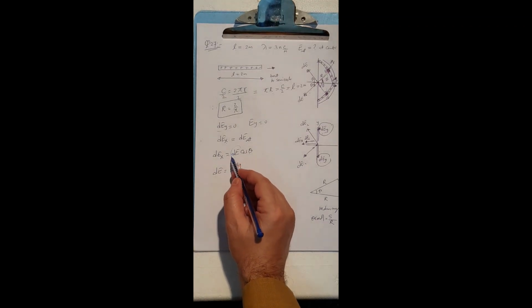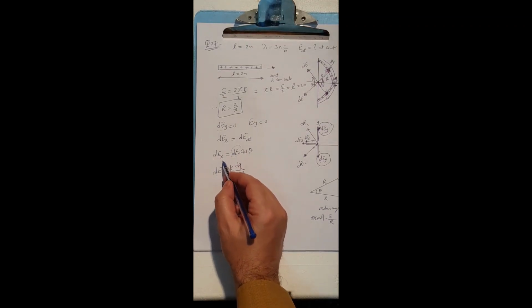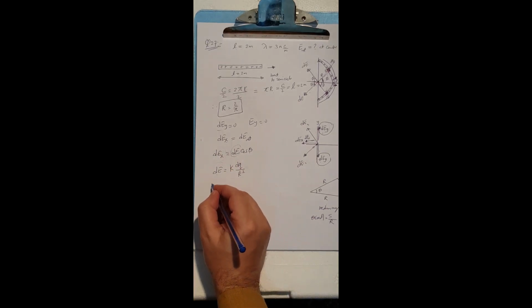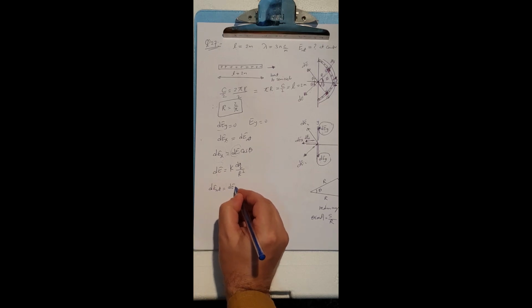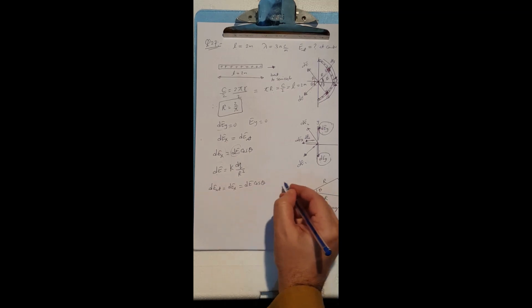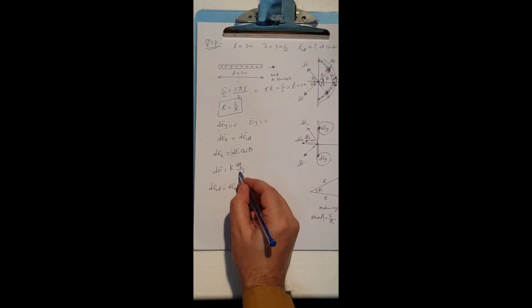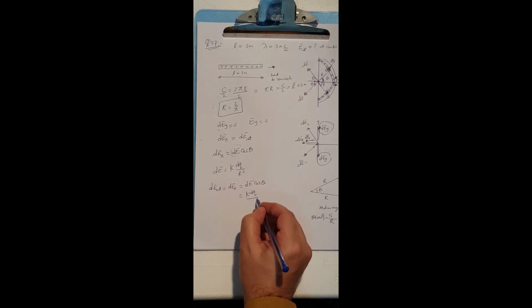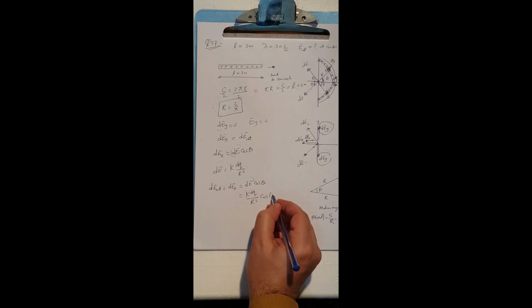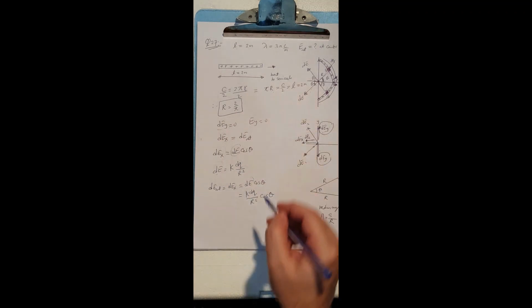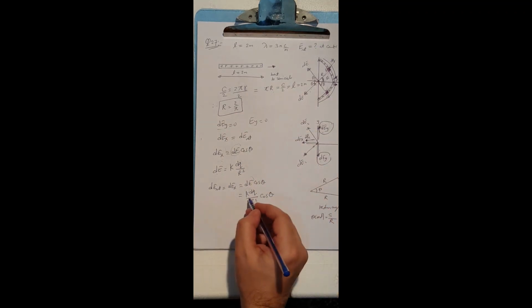This is dE, only dE, but our total is dEx, so we have to substitute here. So dE net, which is dEx only, which is dE cosine theta, can be written as dE is this one, K dQ over R square cosine theta. Again, I remind you here we're talking about magnitudes only, no direction.